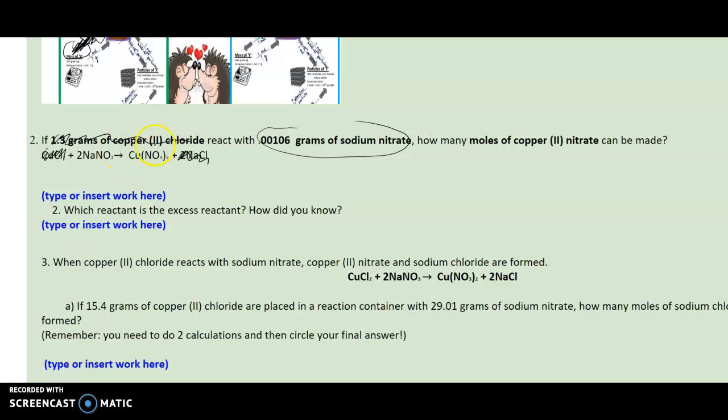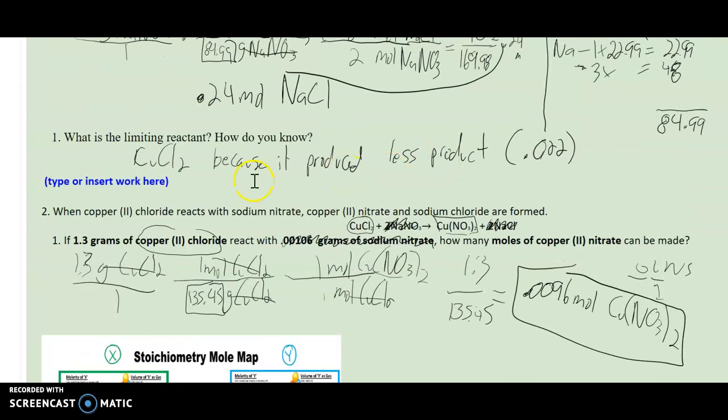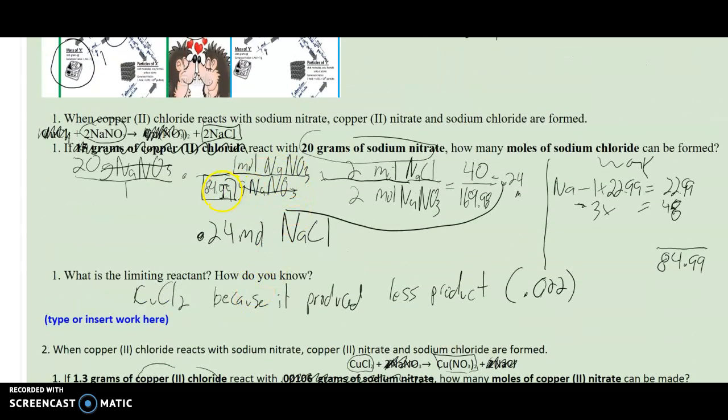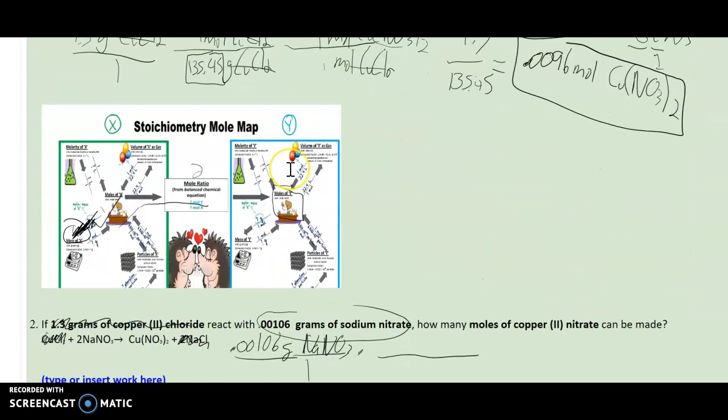Here we go. 0.00106 grams of sodium nitrate, which is NaNO3, over 1 times, alright, I've got to calculate my NaNO3 molar mass. I'm pretty sure I did that also in a previous problem. Did I? Yes, 84.99. Good.